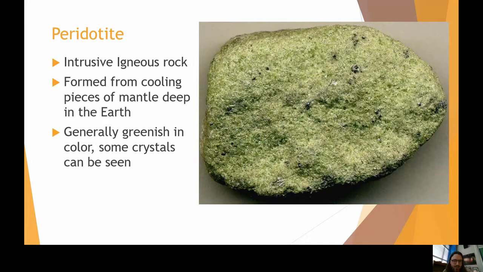And typically there are some green crystals that can be seen in peridotite. We would expect to find peridotite in areas of deep, where the lithosphere maybe is very thin in the world, so you don't have much of a crust, and you have mantle rock coming reasonably close up to the surface.